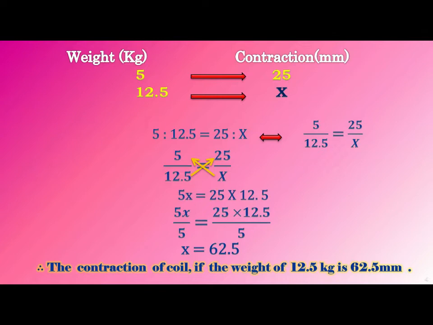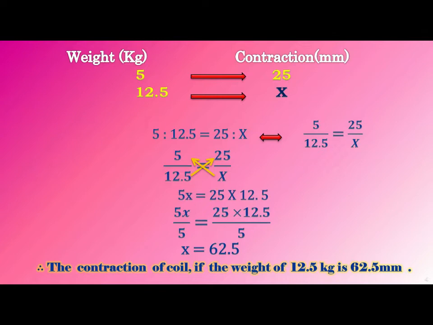Any ratio can be written as a fraction. Right. How do we write it as a fraction? We can write the first number as the numerator and the second number as the denominator. Here, 5 to 12.5.